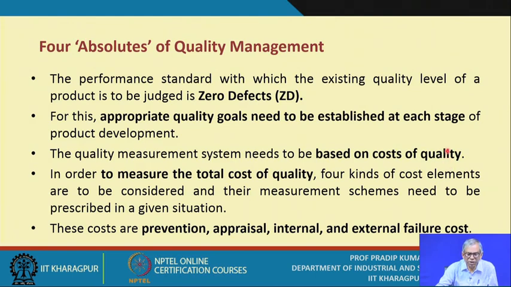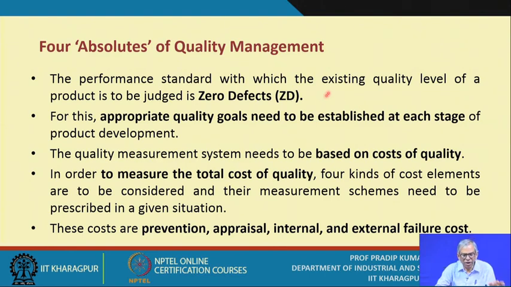The performance standard with which the existing quality level of a product is to be judged is zero defects. As I have already mentioned the details of the zero defects programs, your goal is zero defects. That means you will not allow any defects to occur in your system.